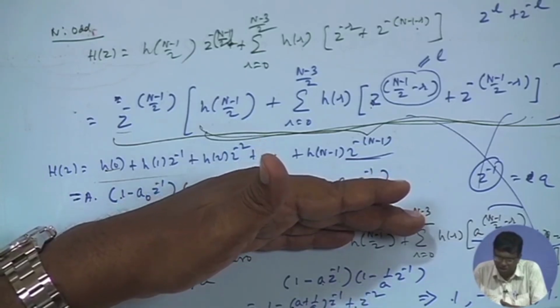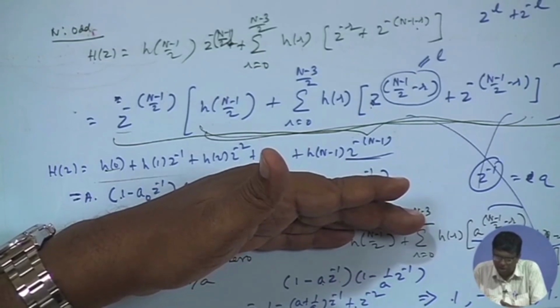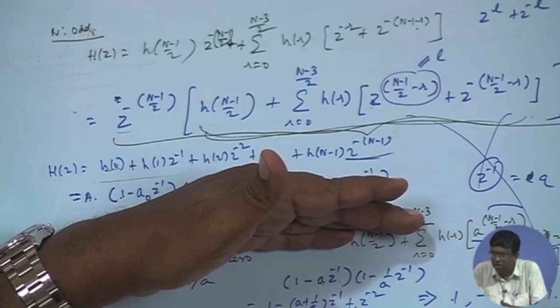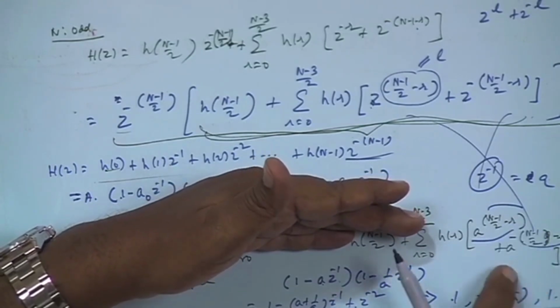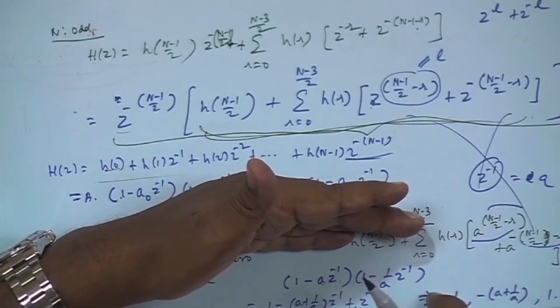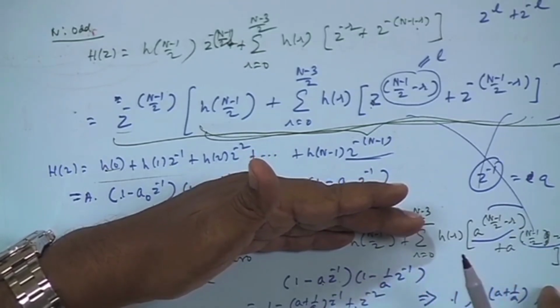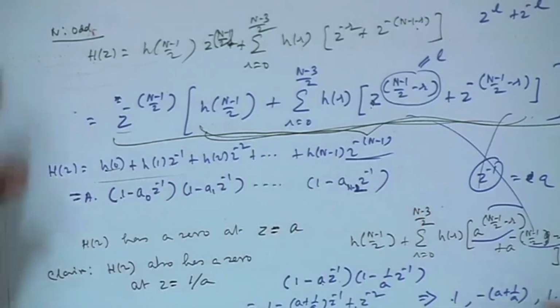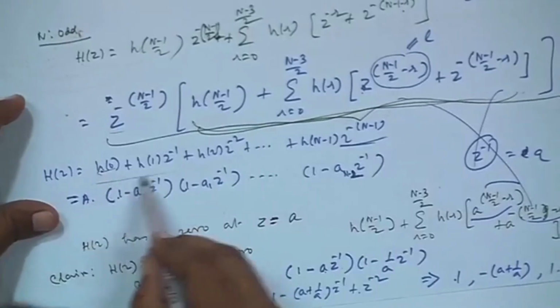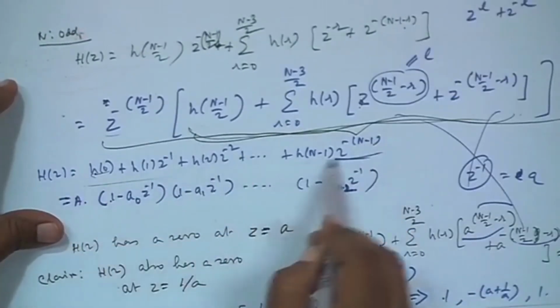H 2 is 1, H 1 is minus a plus 1 by a, H 0 is 1. And you see this filter impulse response, total length is 3. So, there is an odd man out at the mirror position, and I need mirror image symmetry. So, if you go to the left hand side you have 1, if you go to the right hand side you have 1.